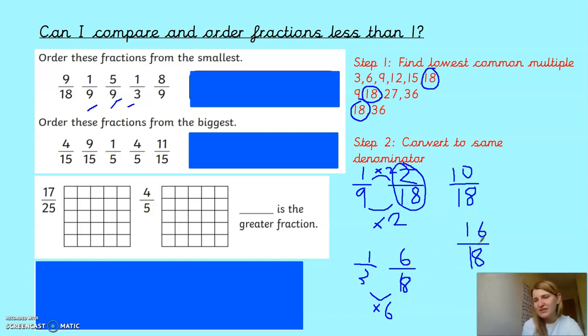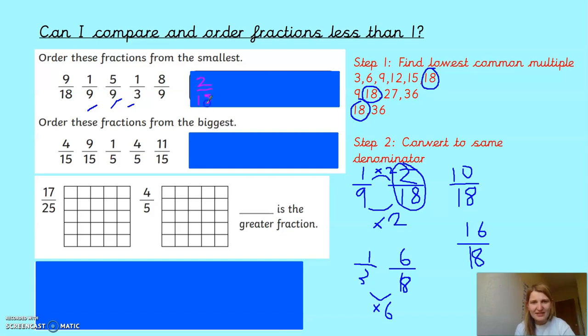Can you put them in order, starting from the smallest? Which one would go first? Right. Well, I would go 2/18 would come first. I'm running out of room here a bit, aren't I? Let's do it over this and then I'll rub it out afterwards. So 2/18 would come first.